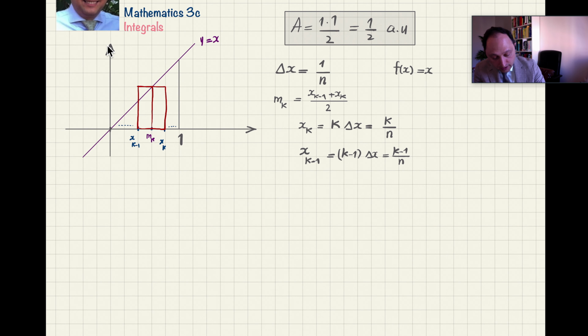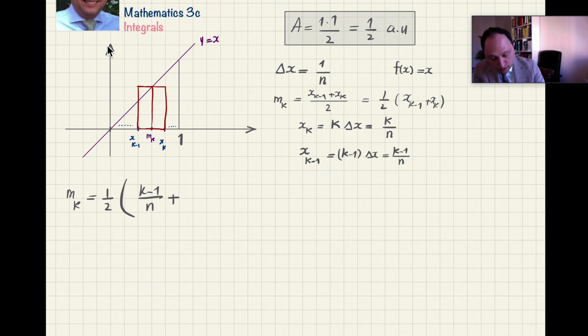Now I calculate m sub k for you. For calculating m sub k, I have to add x sub k minus 1 and x sub k and then divide it by 2, yes? Okay, so what is m sub k? M sub k is equal to 1 over 2. What is x sub k minus 1? It is this expression.